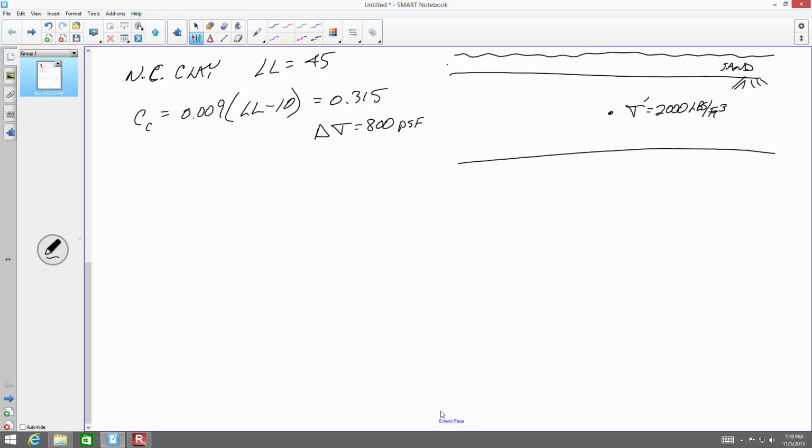If you look back at your little cheat sheet that's in your reference manual, you'll find an equation that says delta e equals C sub C, which I just had you figure out, times log of sigma naught.